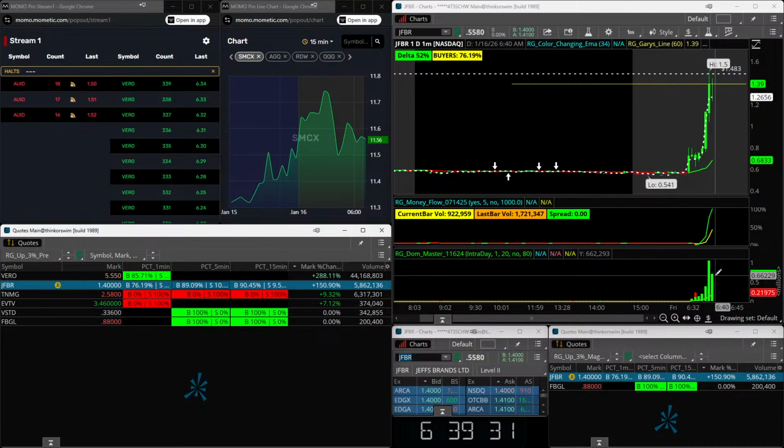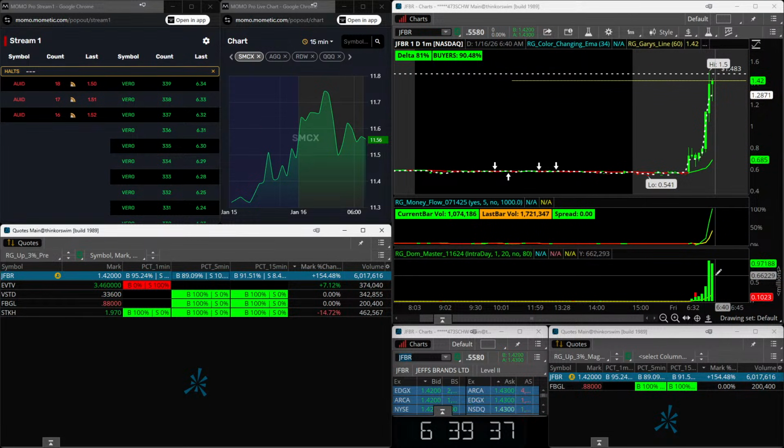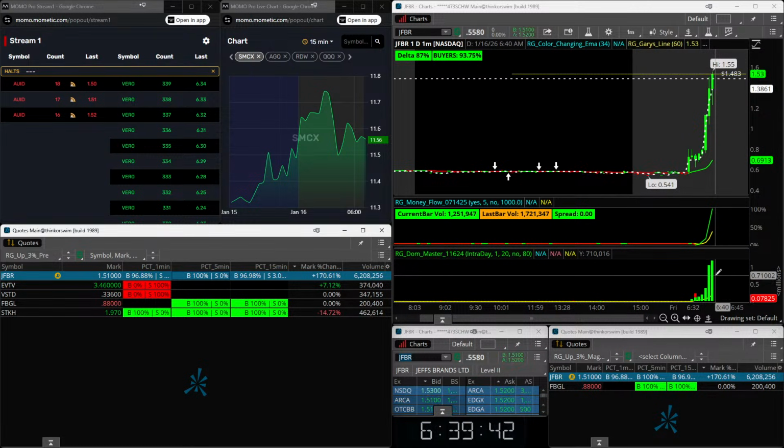Nice tall green bar. Can we get the breakout? We need to break above that $1.48. That's an existing level. I did not put that there recently. Breaking out to $1.55. We may run into resistance here. Watch the money flow for red.